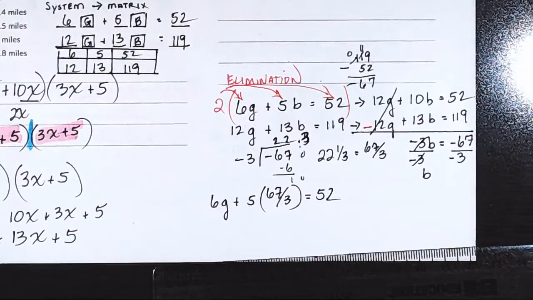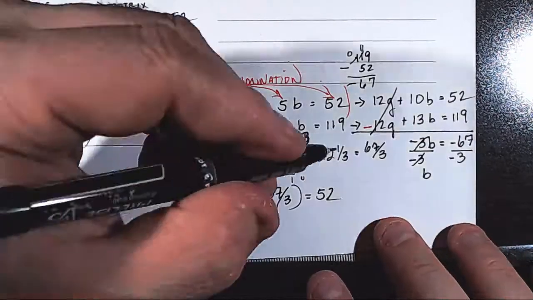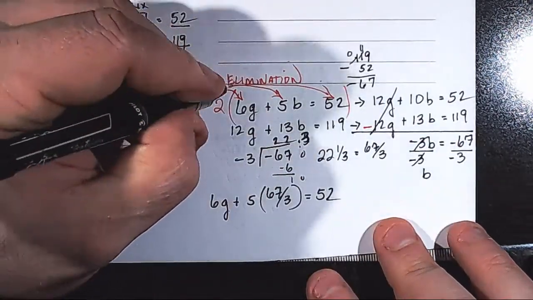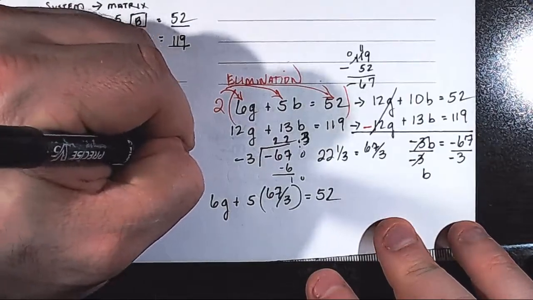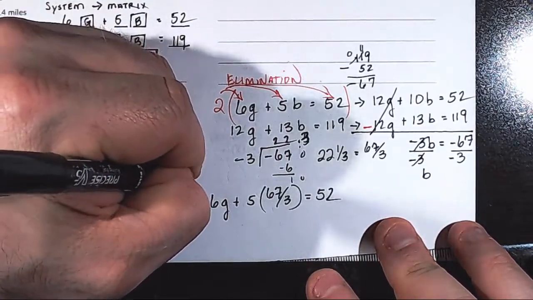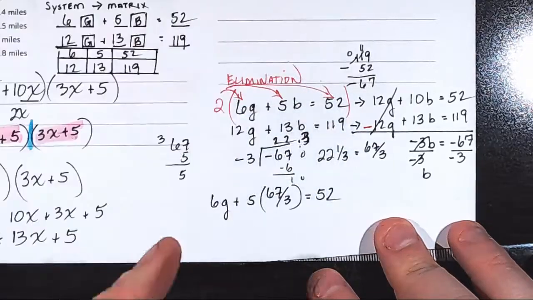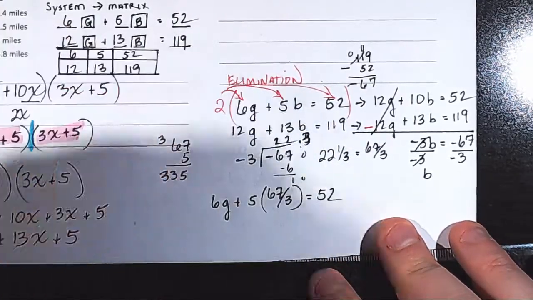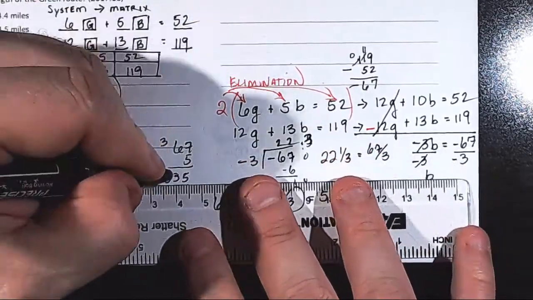Once we solve this, we'll get g by itself. So what's 5 times 67? 67 times 5 is 335, so 335 over 3.